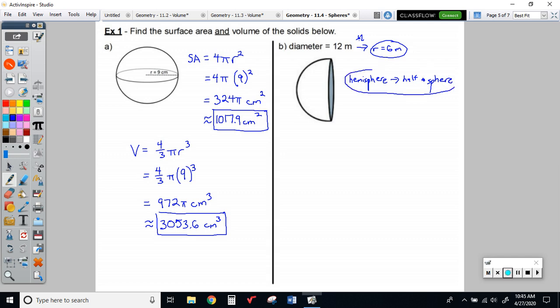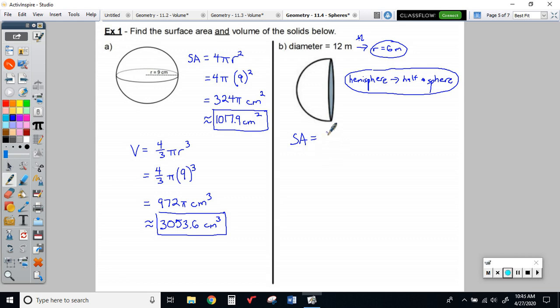When it comes to surface area, though, the slice that you make exposes a new part of the sphere that wasn't there before. So I'm going to write this out the long way first, and then highlight the shortcut formula for surface area.